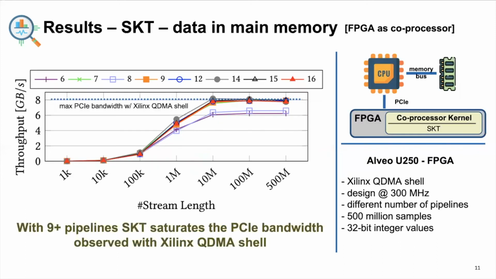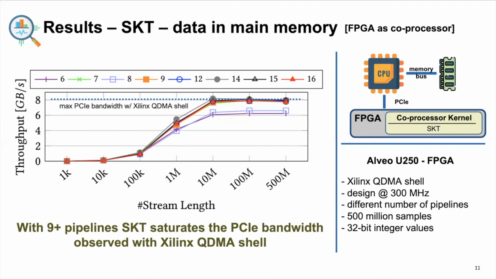For the hardware evaluation, data resides initially in the main memory of the CPU, and the FPGA behaves as a coprocessor connected to the CPU via the PCIe communication bus. If for the software implementation the level of parallelism is given by the number of threads, for the FPGA the level of parallelism is given by the number of pipelines working in parallel.